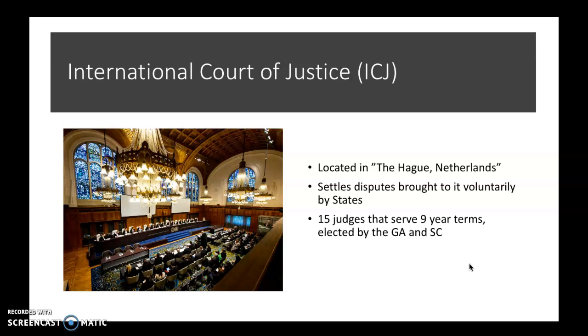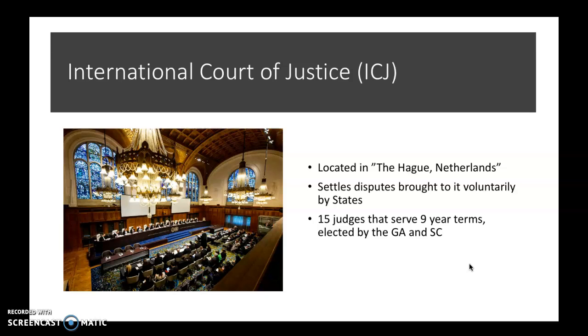That's not to say it's a completely useless arm of the United Nations. There are times, for instance, when war crimes are perpetrated by prior heads of state and they are tried and found guilty at the ICJ and are put in jail or prison for the rest of their lives for those crimes committed against humanity.